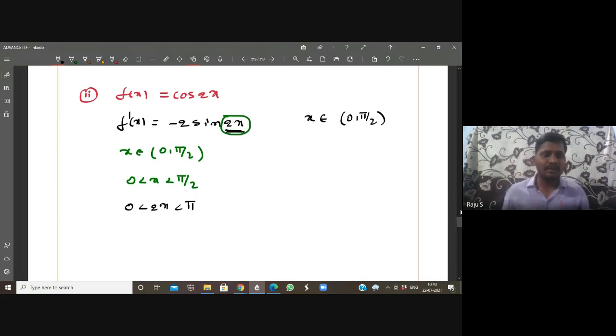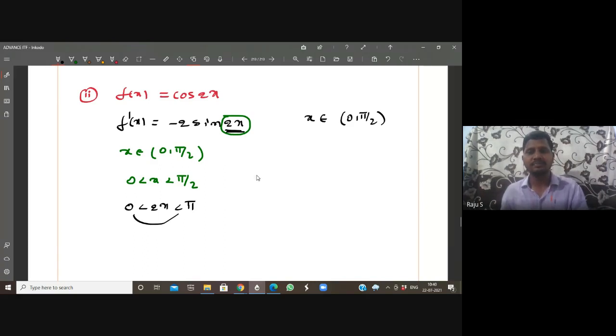Yes, sir. Then what about sin 2x? Sin 2x, with 2x from 0 to pi, means first and second quadrant. In the first and second quadrant, sin is positive or not? Positive. So what shall we write here?